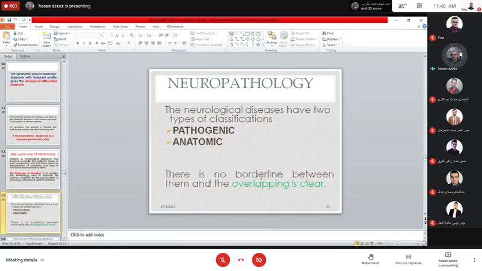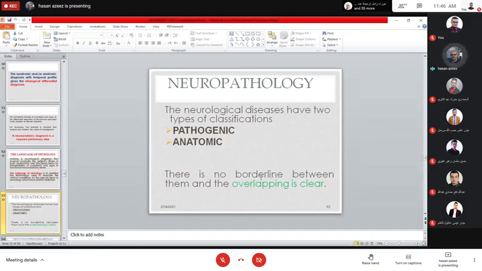Okay, there is a question. Let's go to neuropathology. In general, neurological diseases have two types of classification, either pathogenic or anatomic, and there is no real borderline between both.